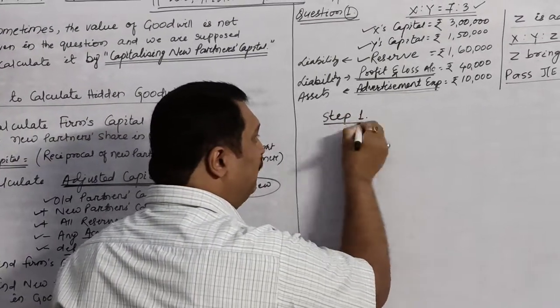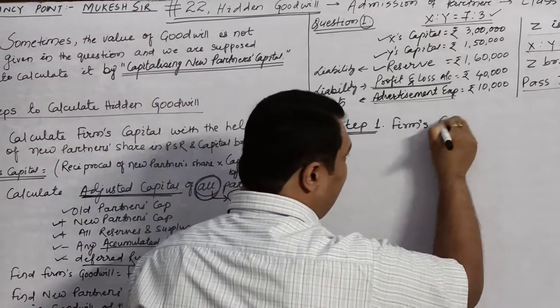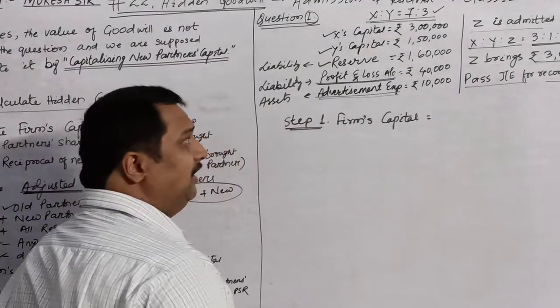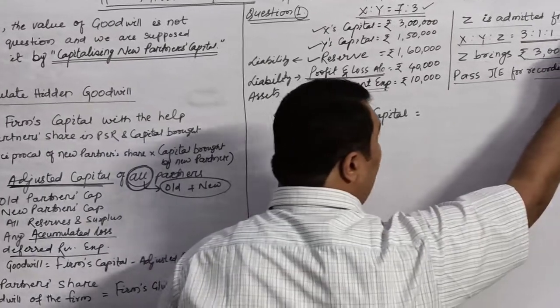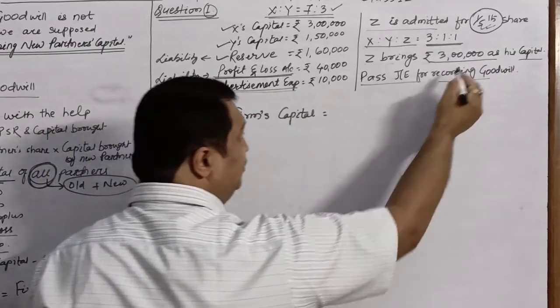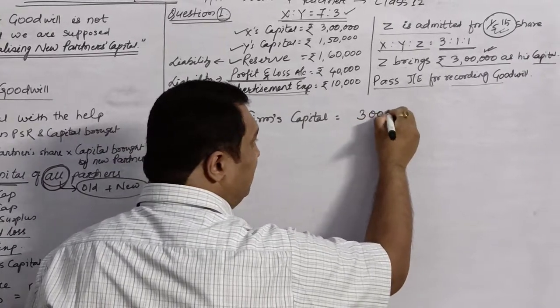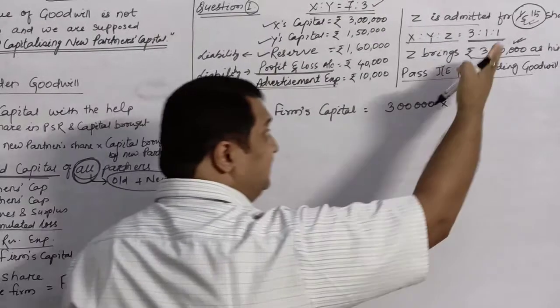The first step was to calculate the firm's capital. How are we going to calculate the firm's capital? The firm's capital can be calculated with the help of the new partner's share in profit sharing ratio and the capital brought in by him. How much capital has been brought in by him? 3 lakhs, and the reciprocal.